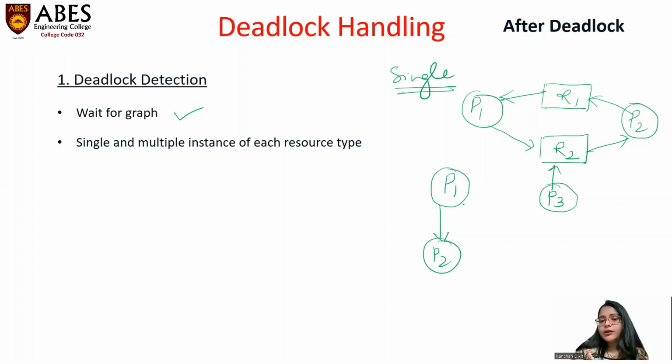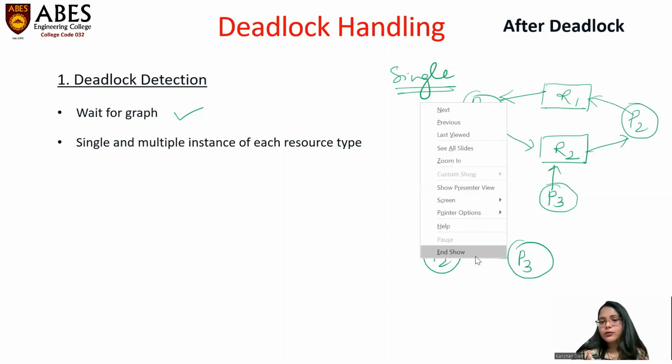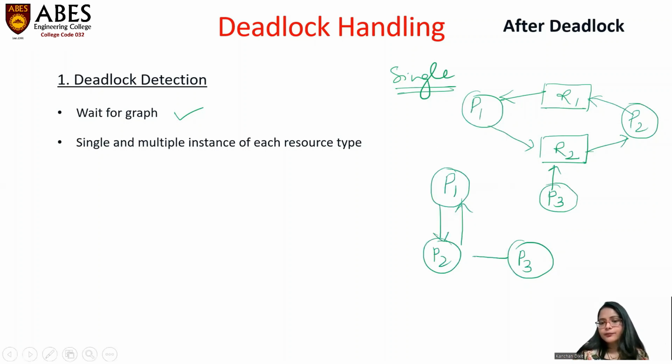And P2 is waiting for P1. And there is P3 also. So P3 is waiting for R2 and R2 is held by P2. So P3 is waiting for P2, right? So this is the wait for graph.